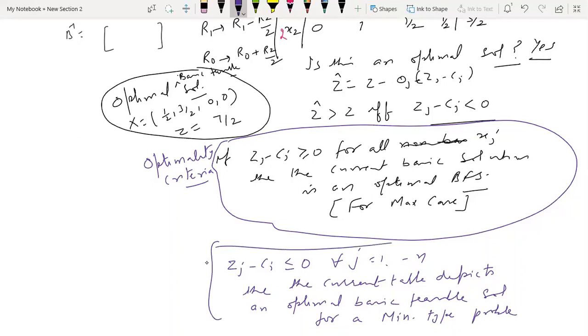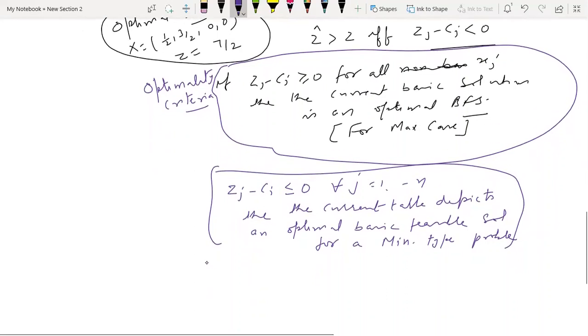So this is the optimality criteria. Okay. So this was all about the simplex method.